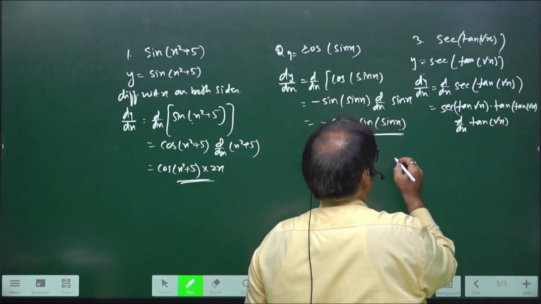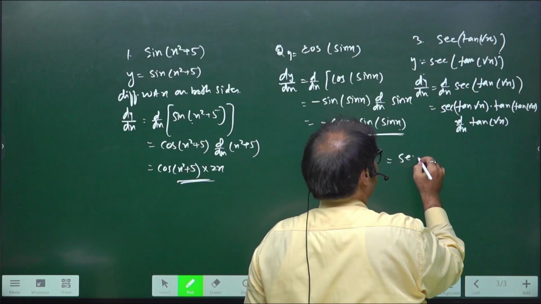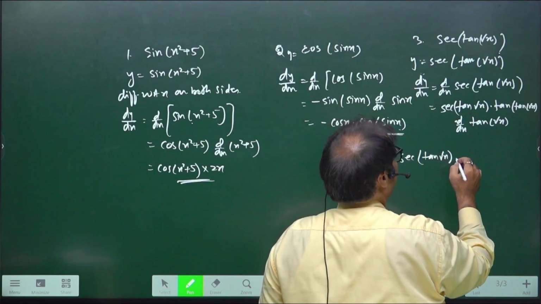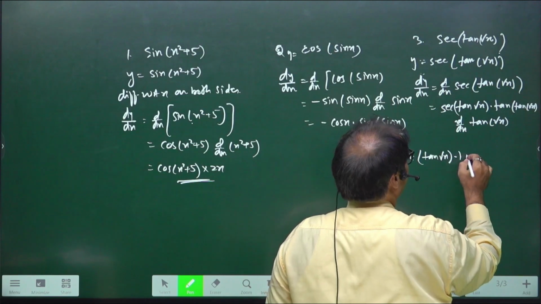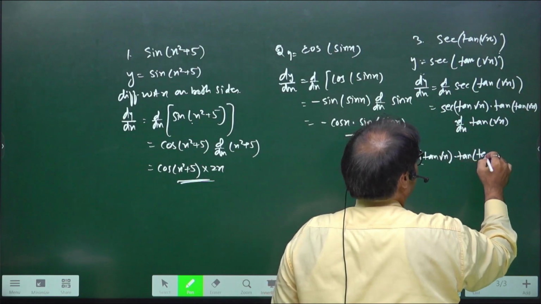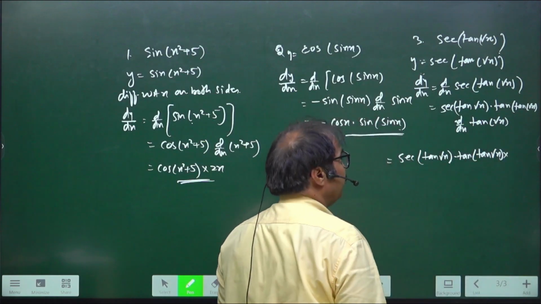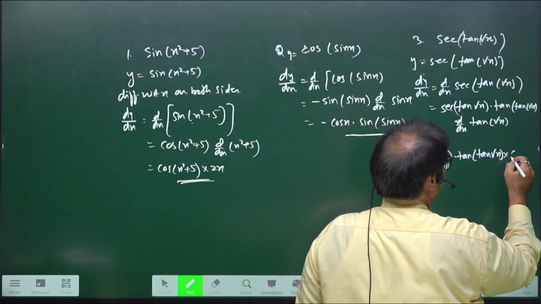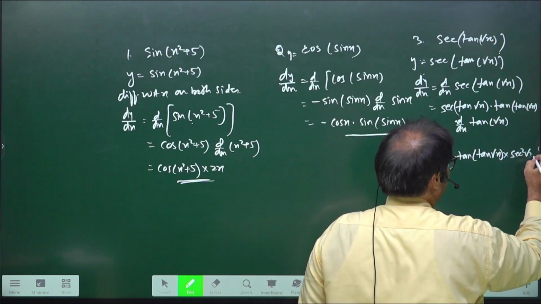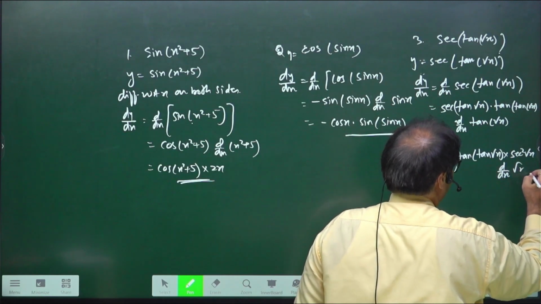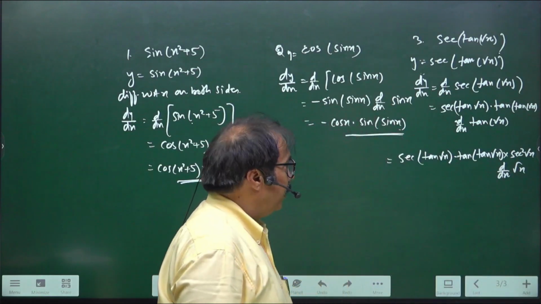Now the derivative of tan theta will be secant square theta, and theta is root x. Then what is left? D by dx of root x, right? This is chain rule.